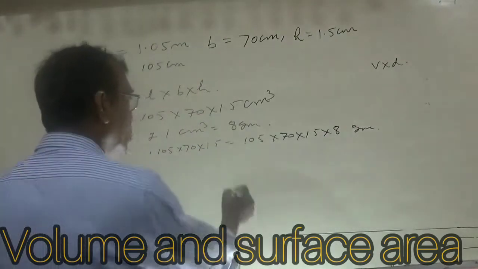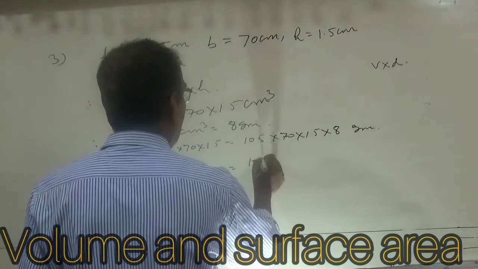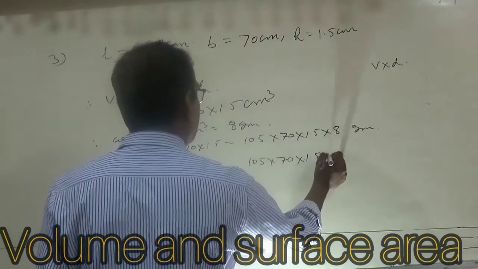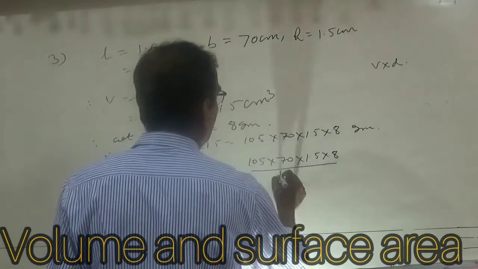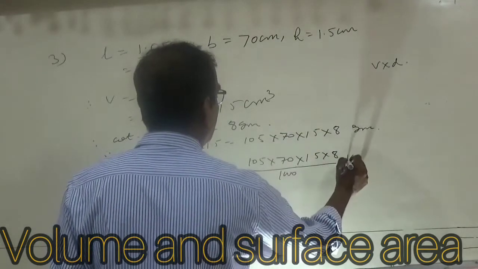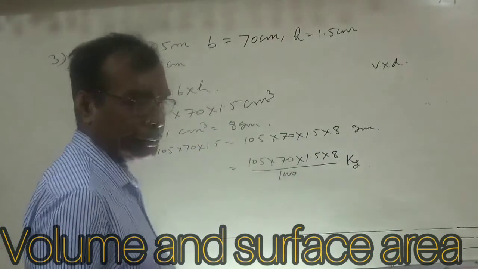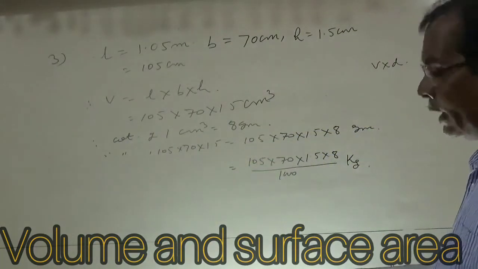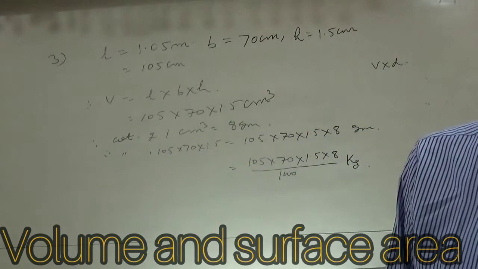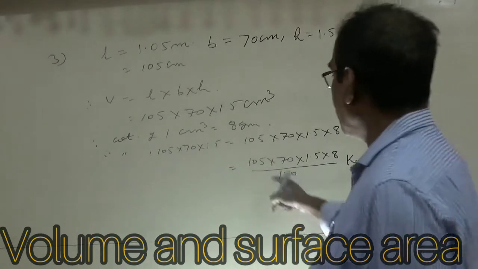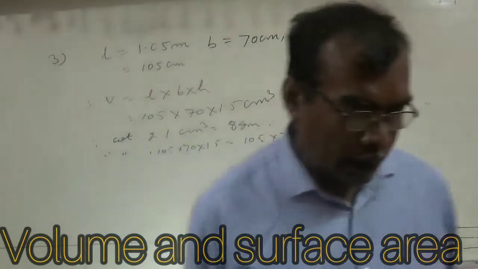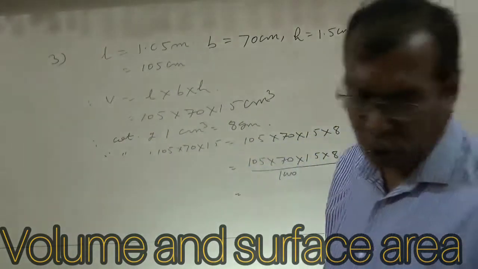Now they are asking you to find the weight in kilogram. So divide by 1000 to get kilogram. I have already taken these calculations. First of all, the volume, according to my calculations, is 11025.